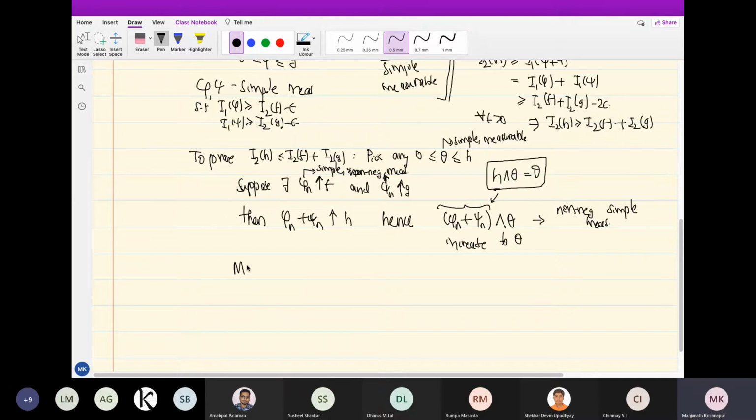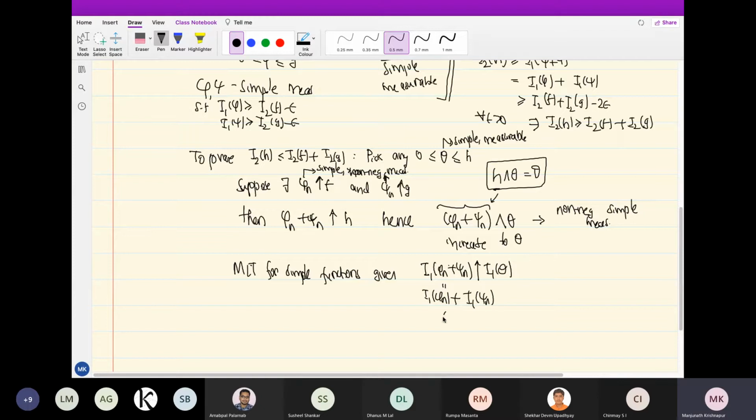So we can now apply the monotone convergence theorem. The MCT for simple functions gives I1 of phi n plus psi n increases to I1 of theta. Okay, but what is this? This is I1 of phi n plus I1 of psi n.